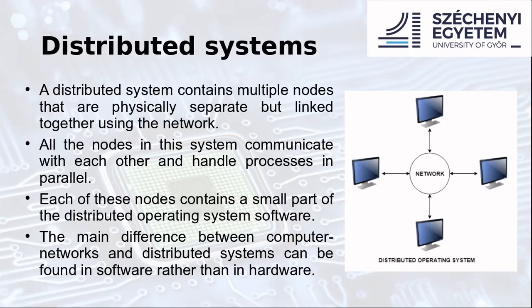Each of the nodes contains a small part of distributed operating system software. Hence, the main difference between computer networks and distributed systems can be found in software rather than in hardware.